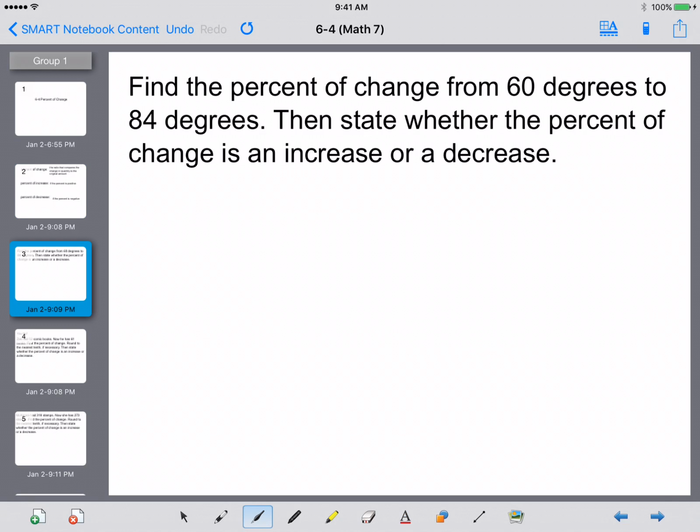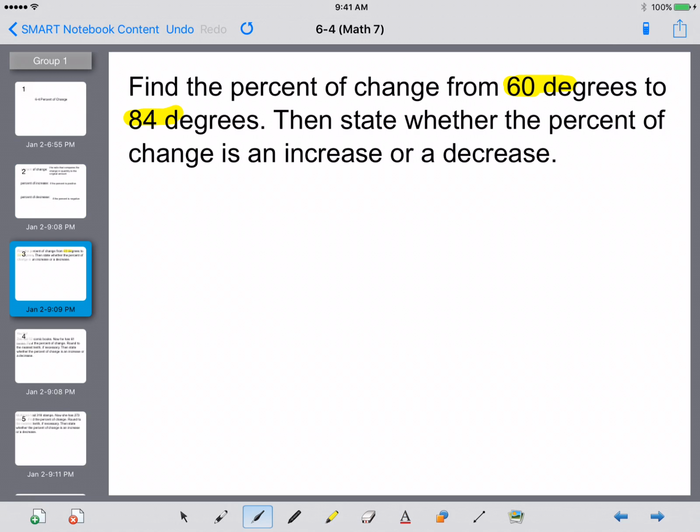First, we want to find the percent of change from 60 degrees to 84 degrees, and then state whether the percent of change is an increase or a decrease. So our original here, we're going to highlight, is 60, and our new is 84.